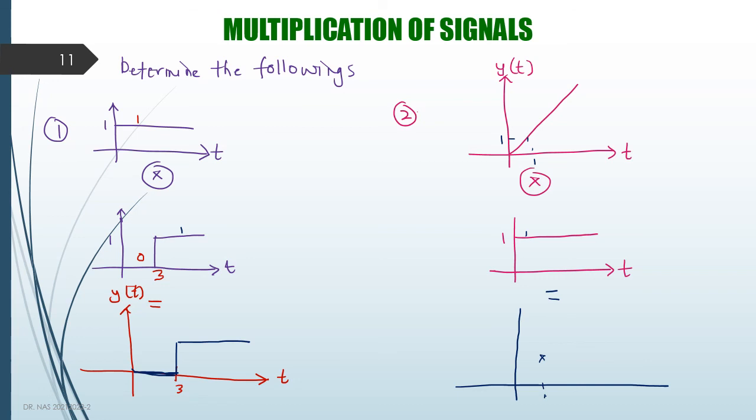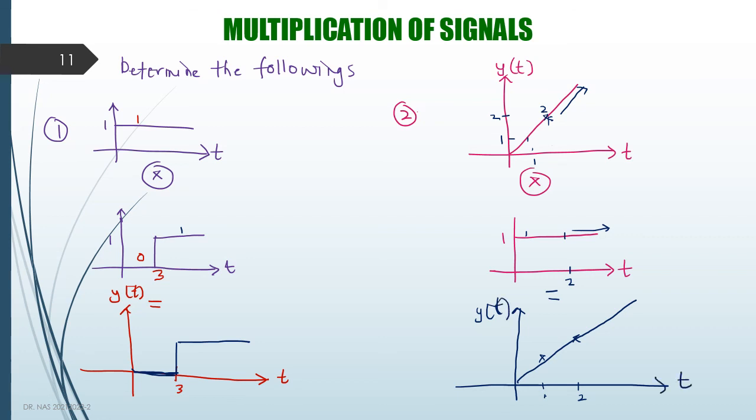And then at 2, the amplitude is 2. Multiplied with 1, you get 2. So t keeps on increasing, multiplied with 1, so the value will keep on increasing. So this is your output, y(t).